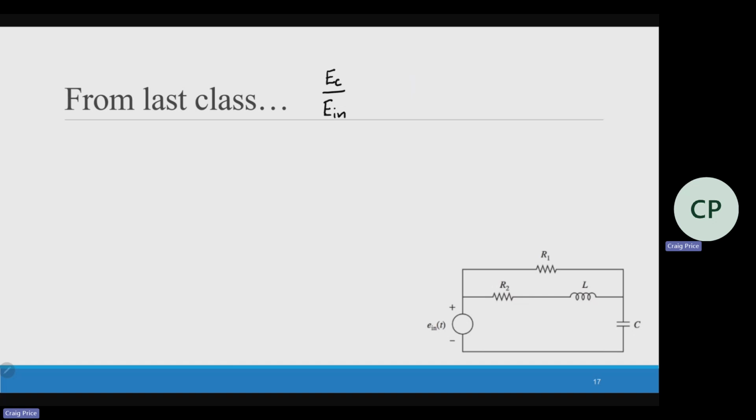Now you can change up the circuit diagram if you want to a little bit, but we're going to try to solve for EC with respect to EN. So you can start with the diagram, you can work on a different diagram if you want to, and then we'll finish up with definitions.